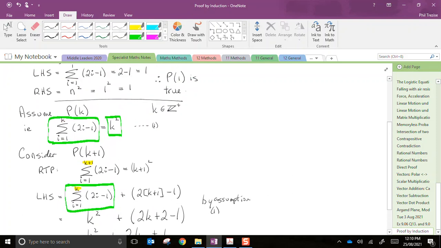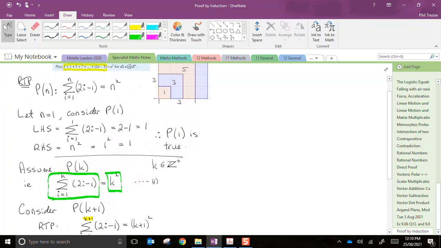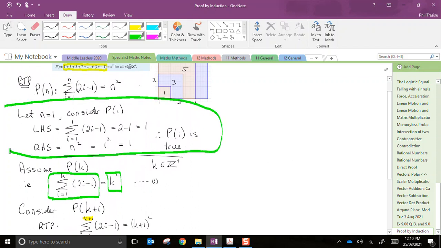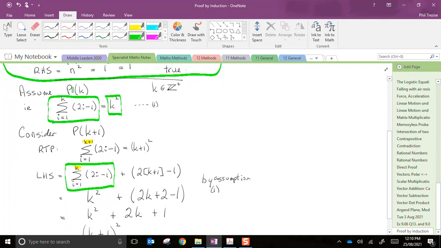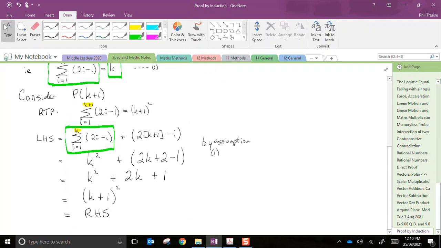Let's recap. What did we do? We first did the base case. We let n equal 1, and we showed that the proposition was true in the case when n equaled 1. No doubt there. Then we assumed that the proposition was true for some value k, and on the basis of that assumption, we have shown that the next one is true.